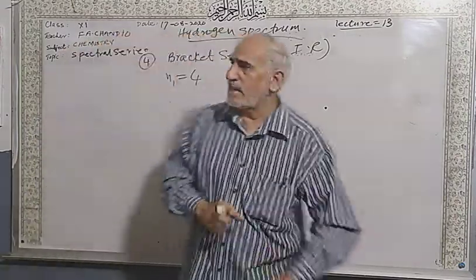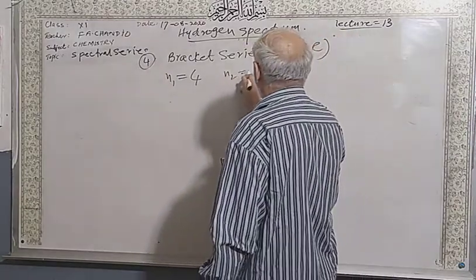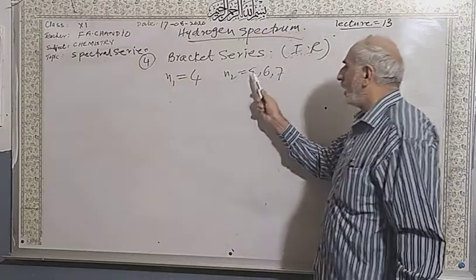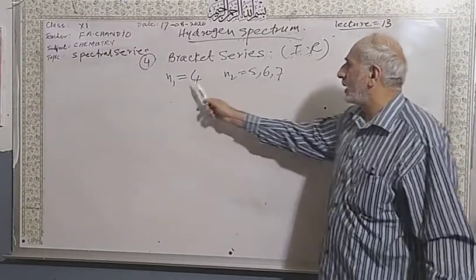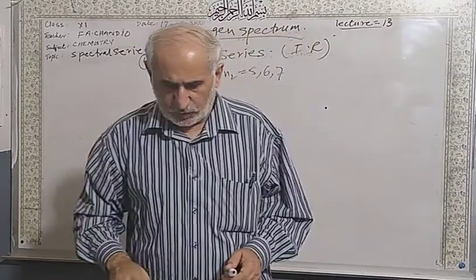In the Brackett series, n1 must be 4, and n2 is 5, 6 and 7. So this is the first line of the Brackett series, second line and third line. Starting n1 is equal to 4, so you can calculate by using the formula.